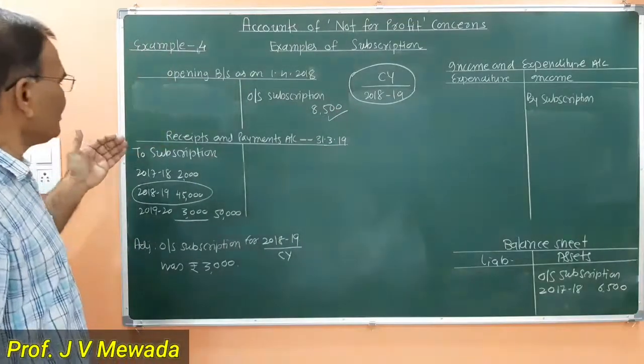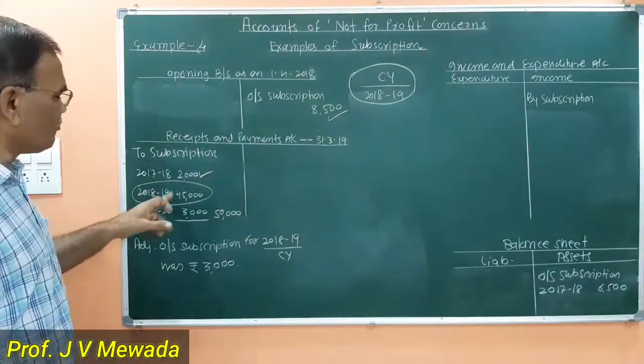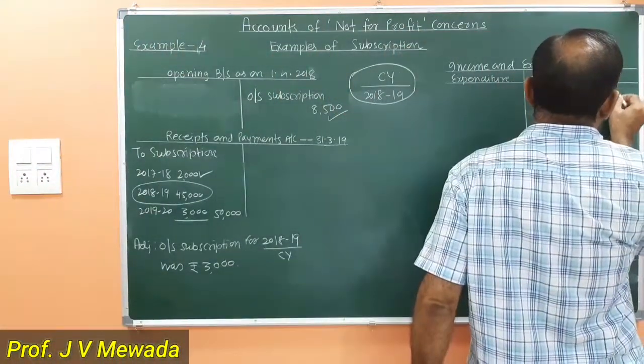Now in the current year this 2000 is over now, forget. करंट ईयर हमको 45,000 मिला, वो हमको लिखना है सब्सक्रिप्शन 45,000 मिला.